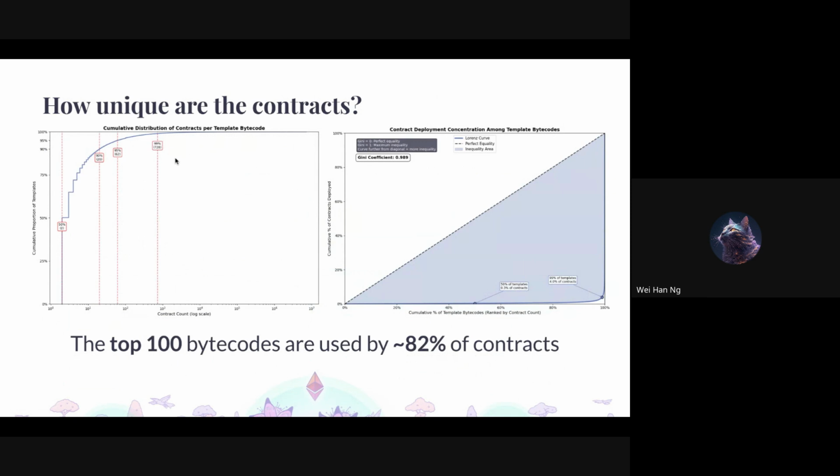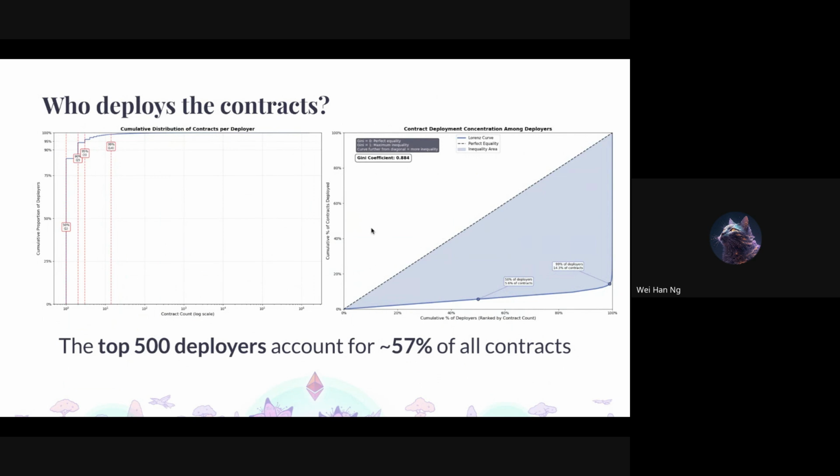Then 1% of the bytecodes are used by millions of contracts or more. We also wanted to know the concentration of the contract deployment, and the result is here: the top 100 bytecodes are used by 82% of the contracts. This suggests that the top 100 are getting reused again and again by different contracts. Again, what are those contracts? We don't know yet, so that's further analysis.